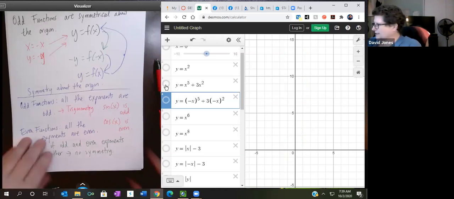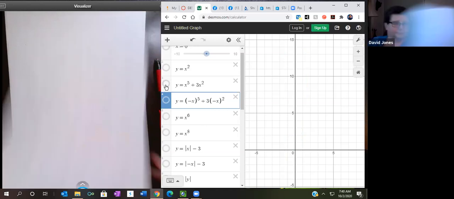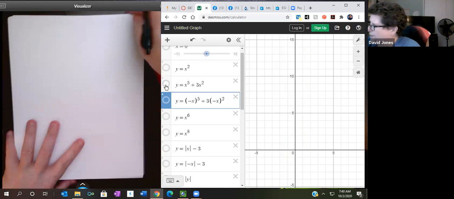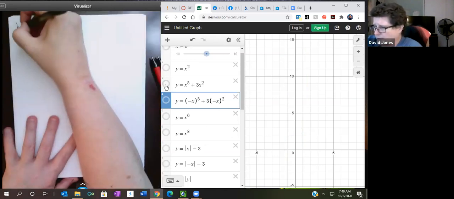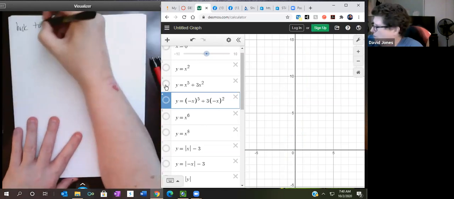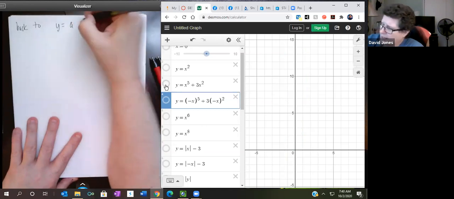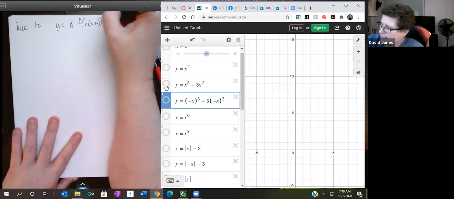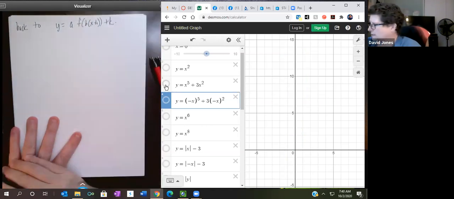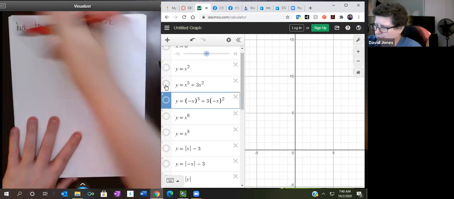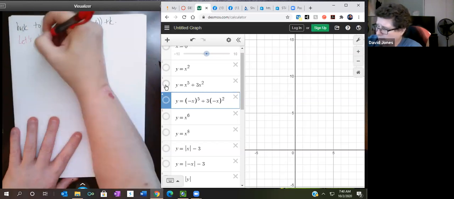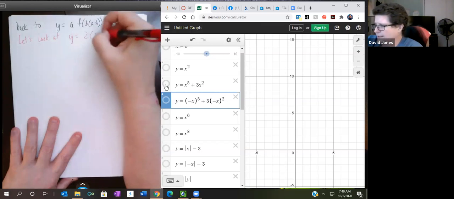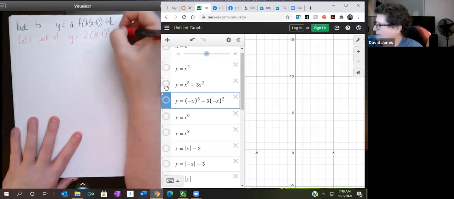Let's put these all together though. Okay, so back to y equals a f of bx minus h plus k. So let's look at y equals 2 times x minus 1 squared plus 3.